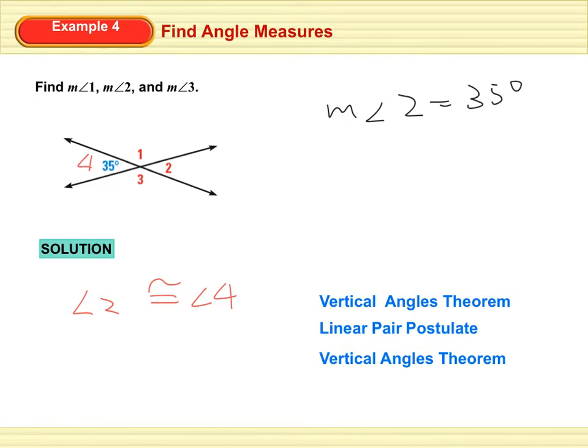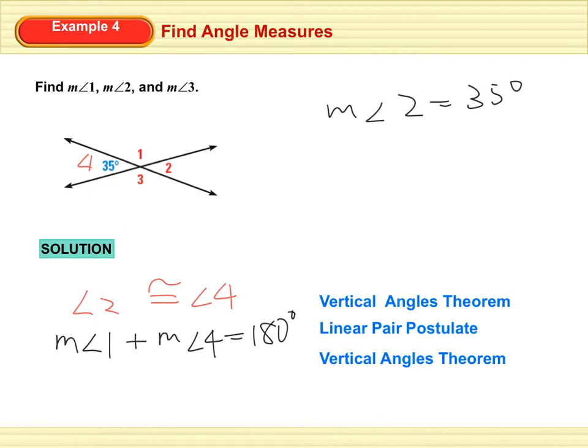And then also, I know that angle 1 and angle 4 are supplementary to each other, meaning the measure of angle 1 plus the measure of angle 4 should equal 180 degrees, right? Because a linear pair means they're a straight line. And I know angle 4's measure is 35 degrees.